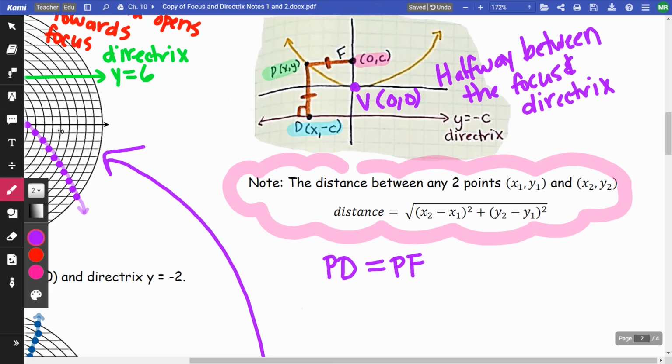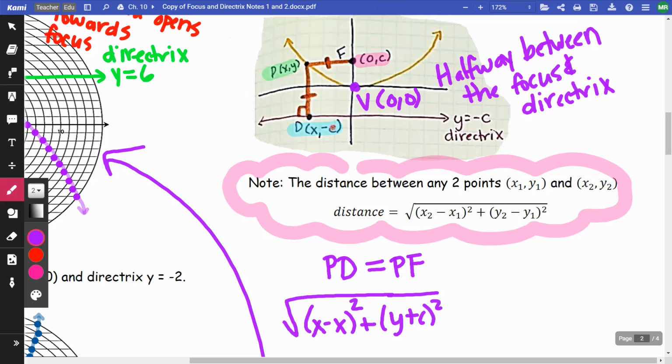So now I am going to use the distance formula. For PD, I'm using these 2 points. I'm going to take the square root and take the x's and subtract them. So this is going to be x minus x squared plus, I'm going to take my y's and subtract them. Y minus a negative c. Well, y minus a negative becomes y plus c. So again, I'm taking y minus a negative c, which is the same as y plus c.